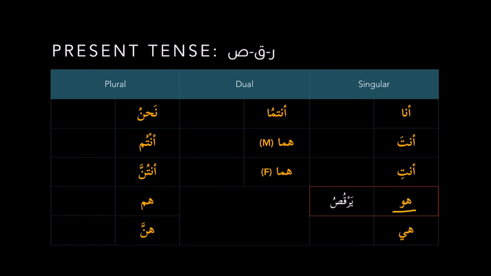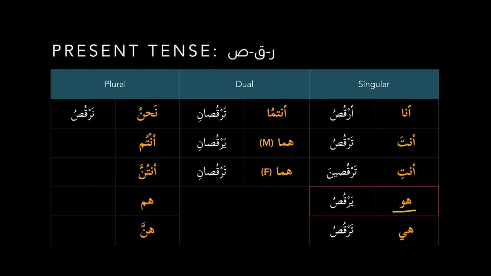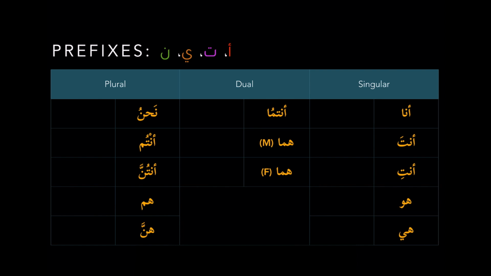I'll go through each conjugation and then we'll deconstruct the patterns. أنا أرقص, أنت ترقص, أنت ترقصين. هو, which we get from the dictionary, يرقص, هي ترقص, أنتما ترقصان. هما masculine, يرقصان. هما feminine, ترقصان. نحن نرقص. أنتم ترقصون. أنتن ترقصن. هم يرقصون. هن يرقصن.